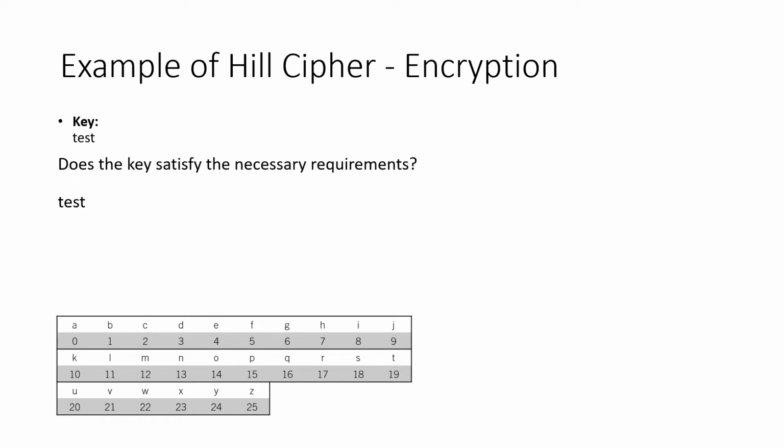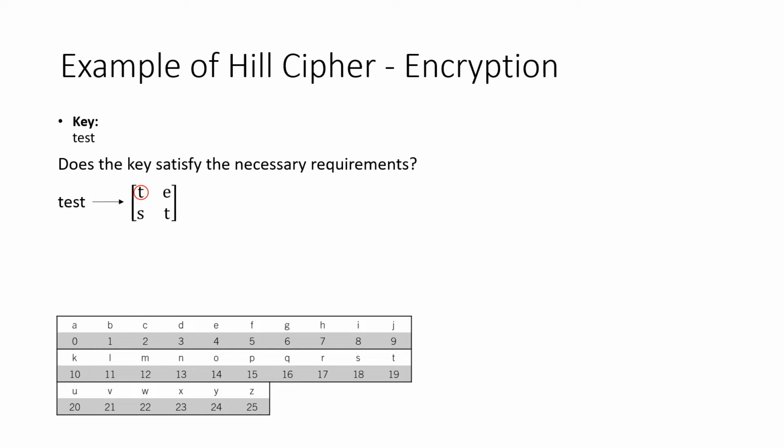So the question that we're going to be asking ourselves at this moment is whether the key satisfies the necessary requirements. So the key, once more, is the word test. First and foremost, we need to write it in a matrix and transform it into corresponding values in mod 26. For doing that, we are going to use the mapping between the English alphabet and numbers in mod 26. For this, we look at each entry in the matrix.